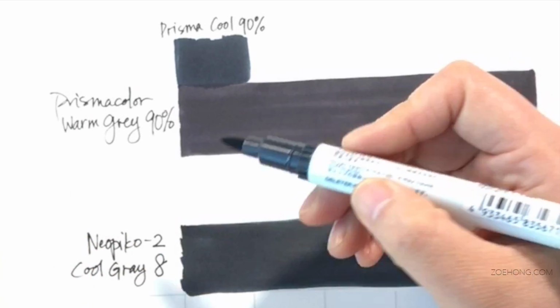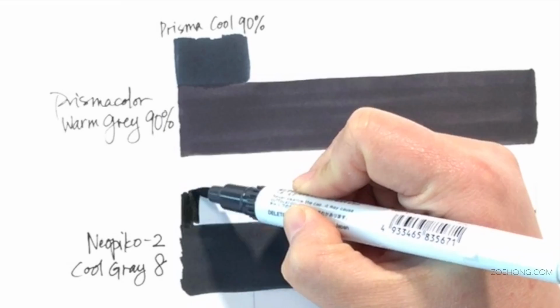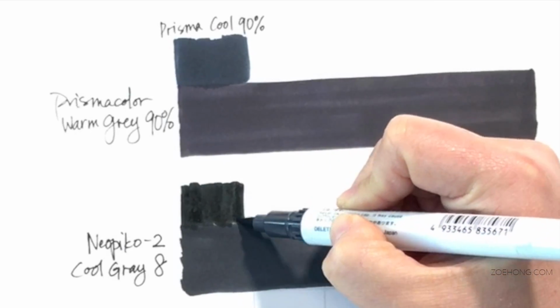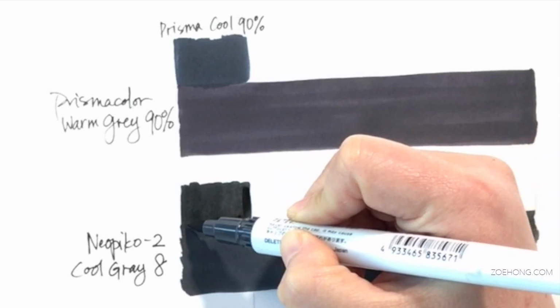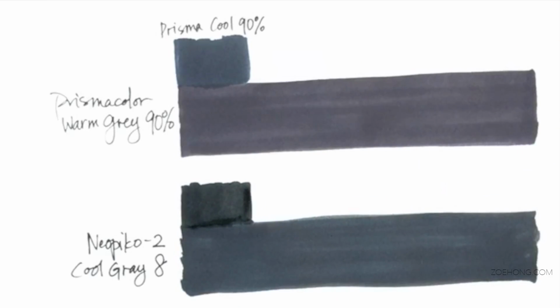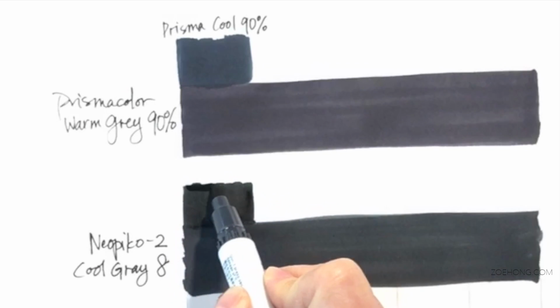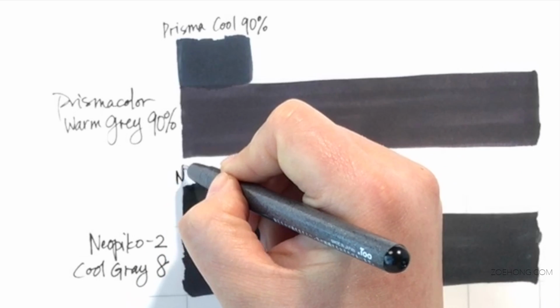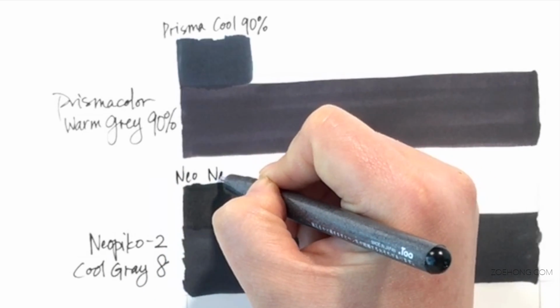This is the Neopiko 2 Neutral Gray 7. And the value is a little bit lighter, but kind of like the Copic Natural 9 and the Cool 10, the difference is minimal. And you can see the undertone is definitely much more neutral.